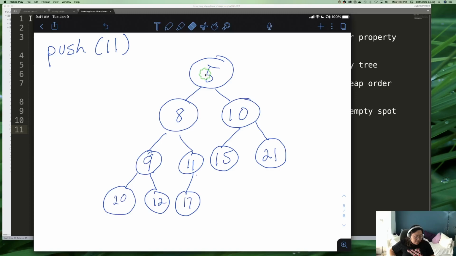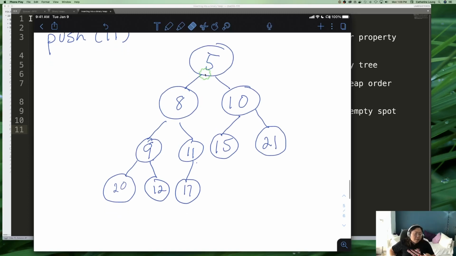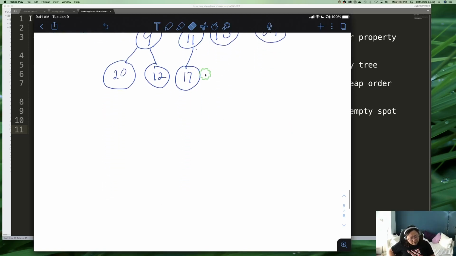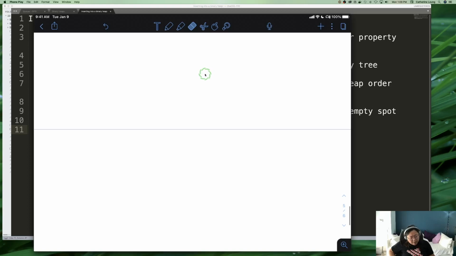So we still end up with this setup here, where we only care about comparing against the parent. We don't compare against siblings, okay? Really, really important.